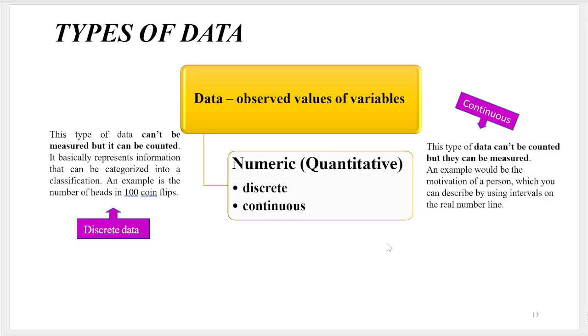So when we have quantitative or numeric data, if the data can't be measured, but it can be counted, this type is called discrete data. But if the data can't be counted, but can be measured, this type of data is called continuous.